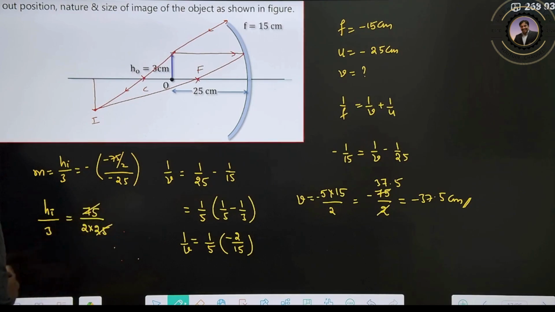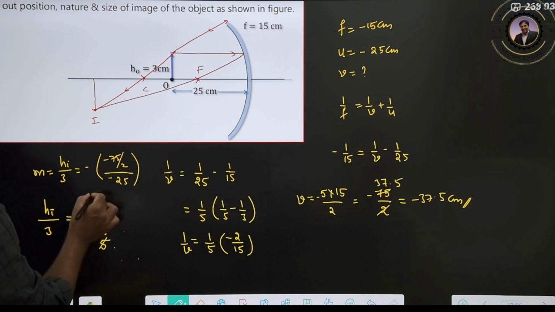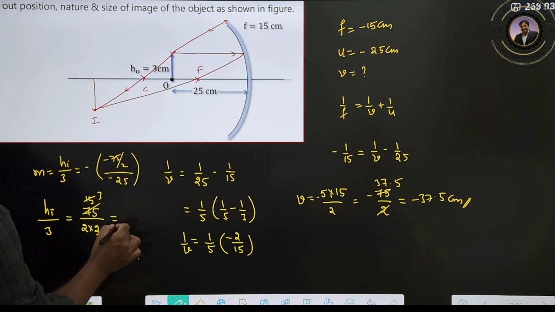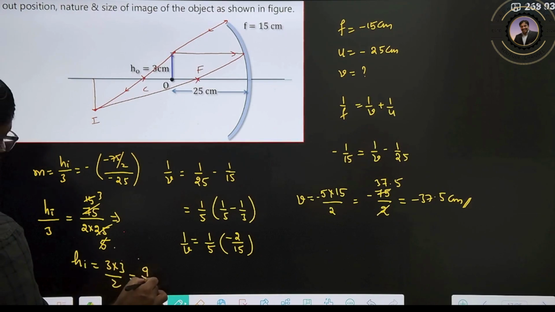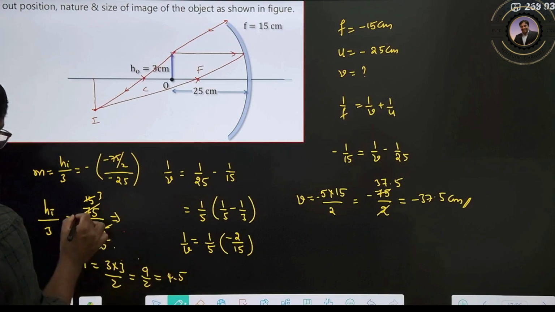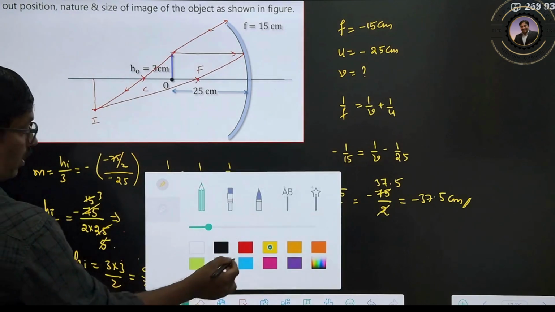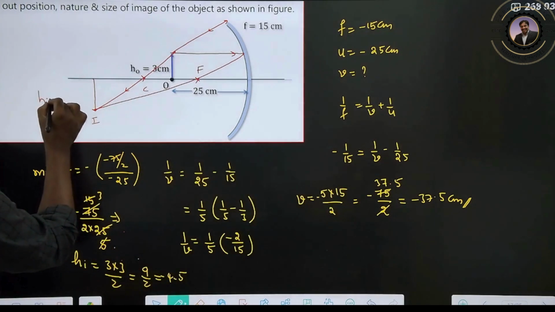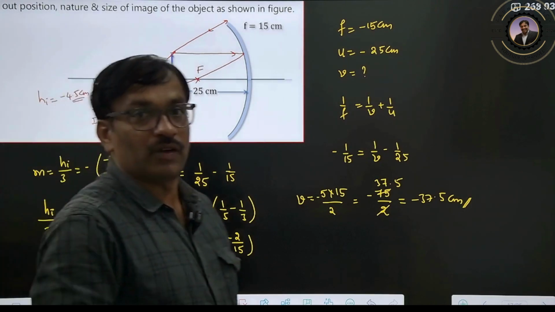Therefore it will be 3 into 3 by 2, that is 9 by 2, which is 4.5. Actually, it is minus. So the height of the image is minus 4.5 centimeter. This is your real, inverted, magnified image.